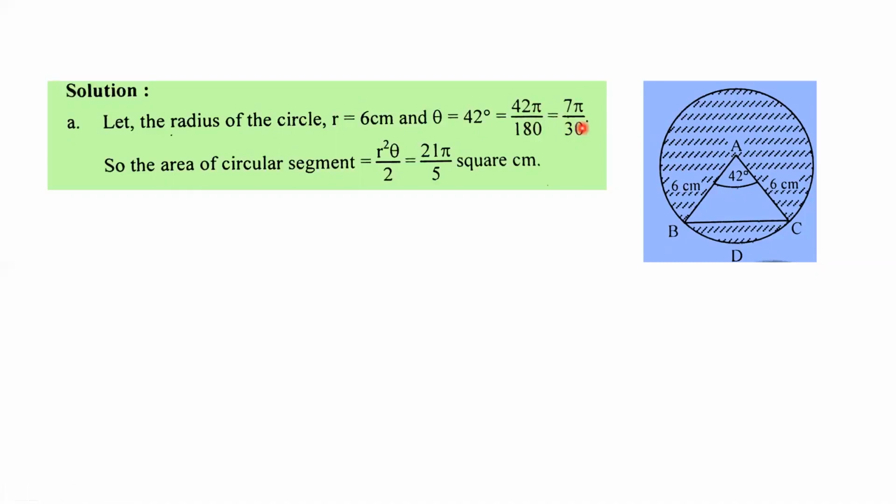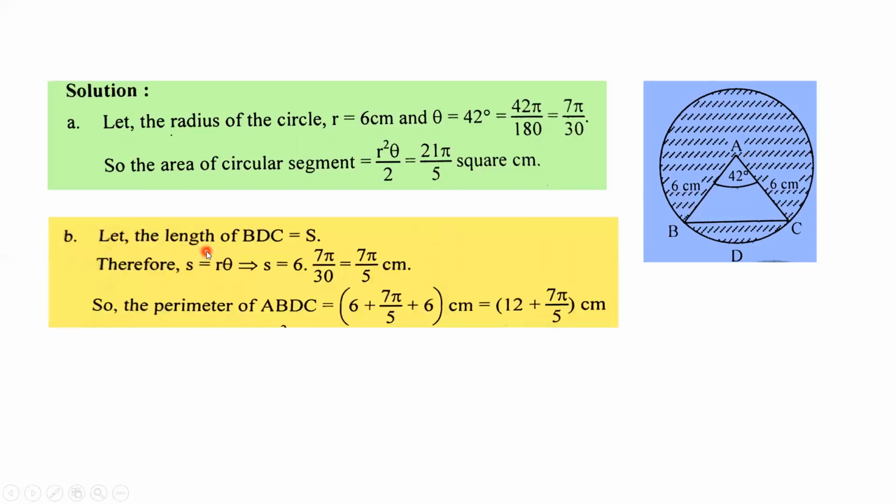Now the area of the circular segment. We know the area of a circular segment is half r square theta. Putting the values of r and theta, we get 21 pi by 5 square centimeters as the area of this region.